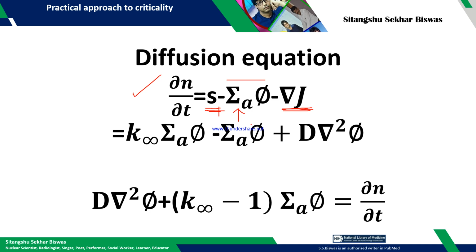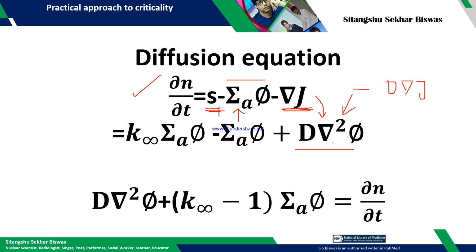Now, here we already know the diffusion equation, which is given by J equals minus D d phi by dx. If J is replaced by minus D grad phi in the divergence of J, this term is converted like this, which is the Laplace operator.